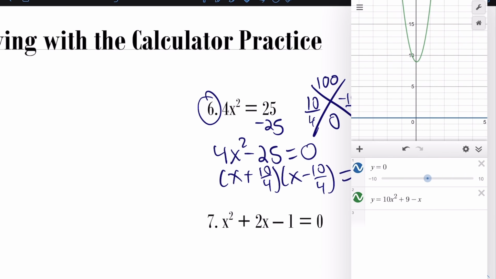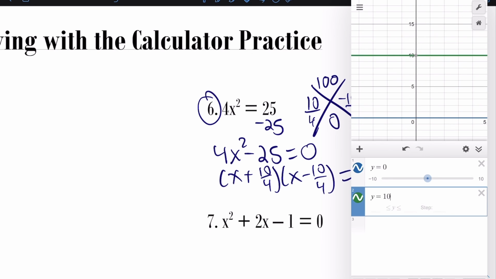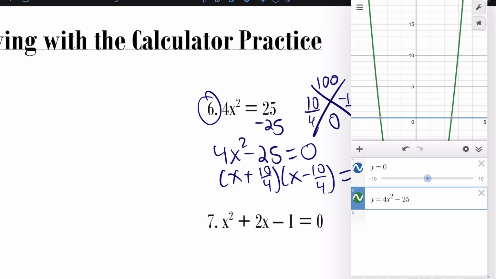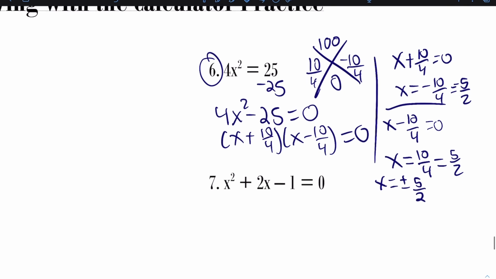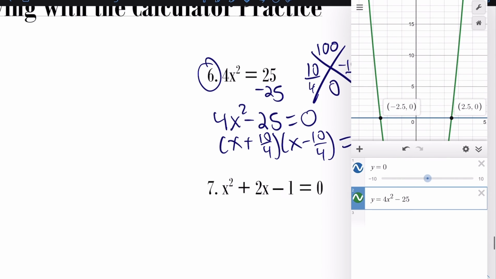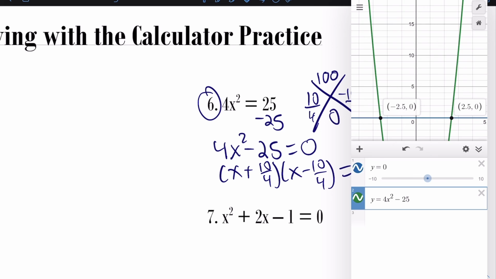Alternatively, you could graph this in the calculator. And get that we have a solution at negative 2.5, positive 2.5, which is the same thing as 5 over 2. So the graph gives us the same answer that factoring did.